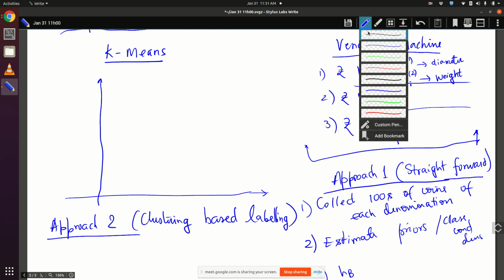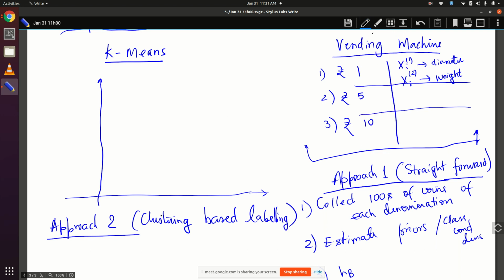So we will get the hardware ready for the vending machine, which can measure these quantities. The two axes will be diameter and weight, and I will simply start measuring, right?